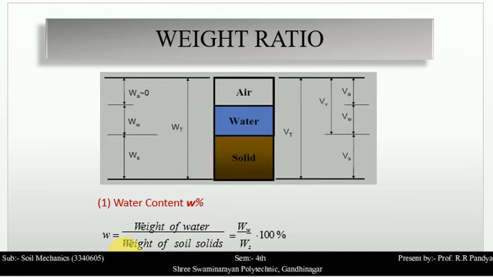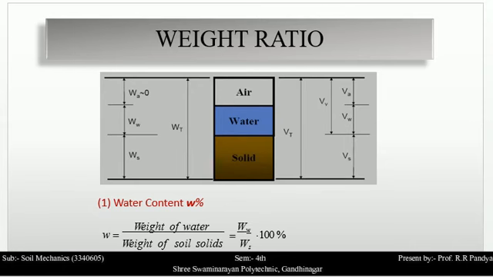So we take a soil sample, then we oven dry it and take the weight of the soil sample. Already we have taken a soil sample in natural condition. After deducting the natural condition and oven dry condition, we can get the water content. So here you can see the water content equation is w is equal to weight of water upon weight of solids into 100.